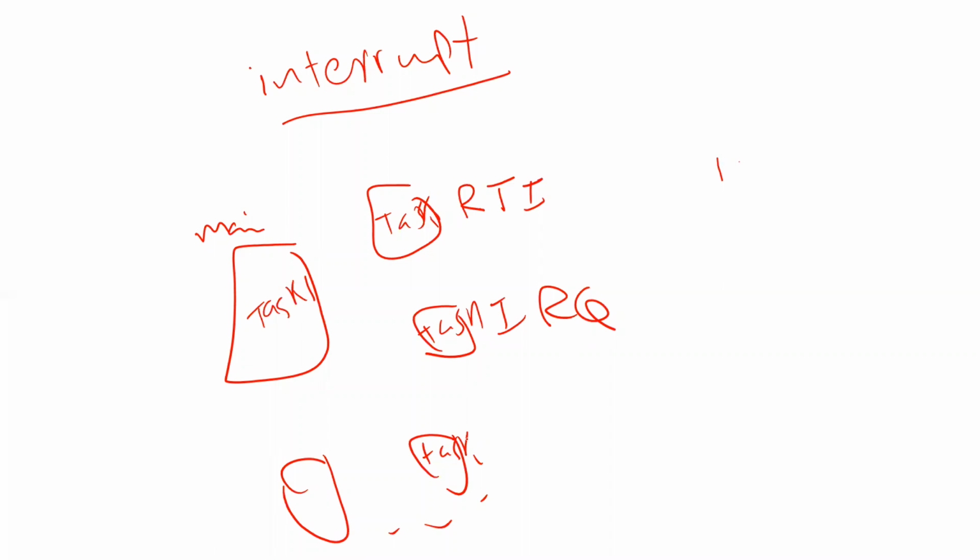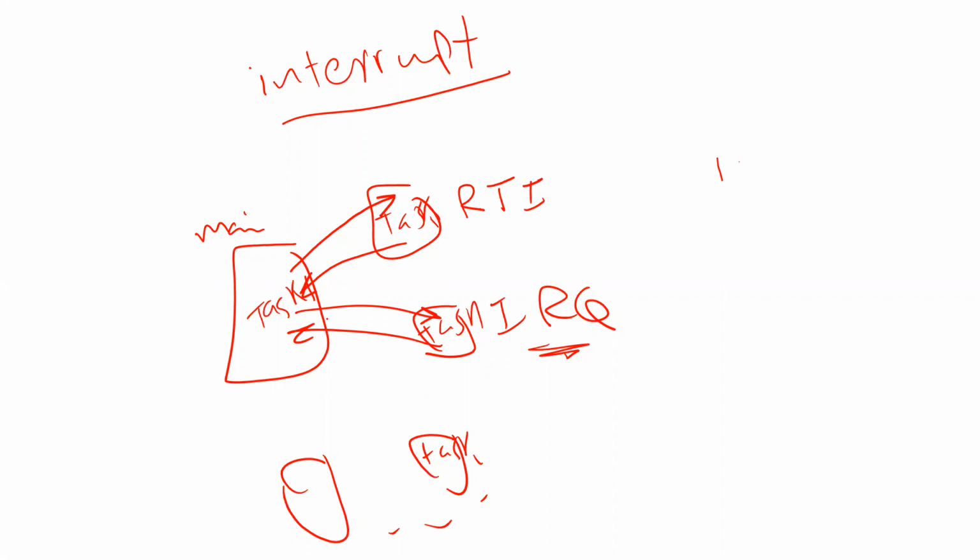When there is an interrupt, you leave task one, go execute task two, and then come back. Same thing if there is an interrupt from IRQ, you leave this one and come back. So at any time, we only execute one task. But because the microcontroller is very fast, you are going to feel like you are running several things at the same time.